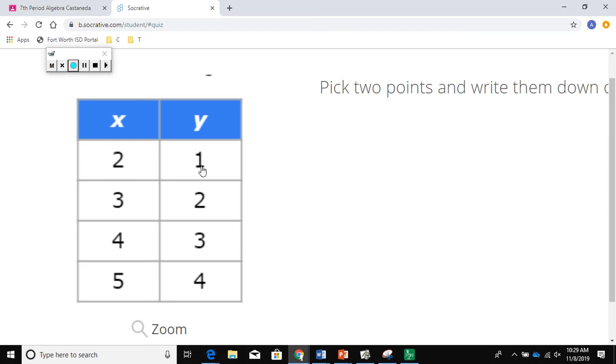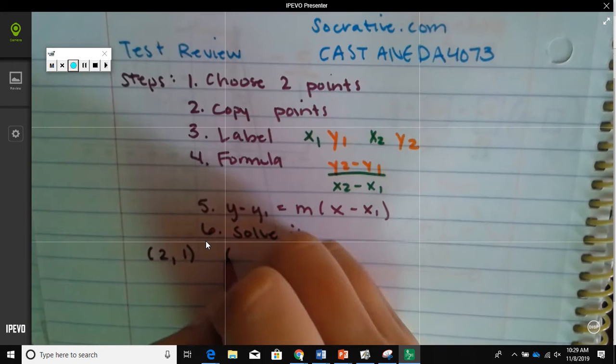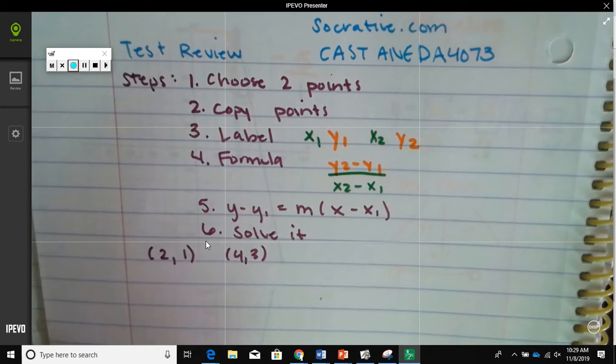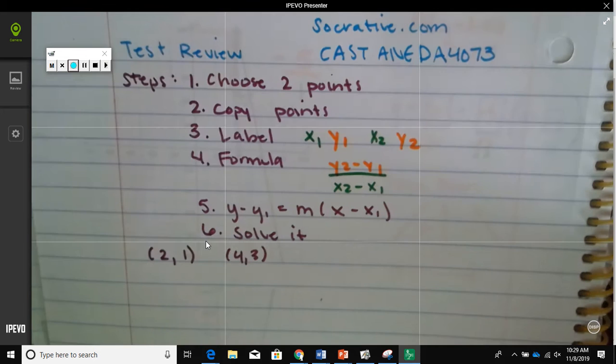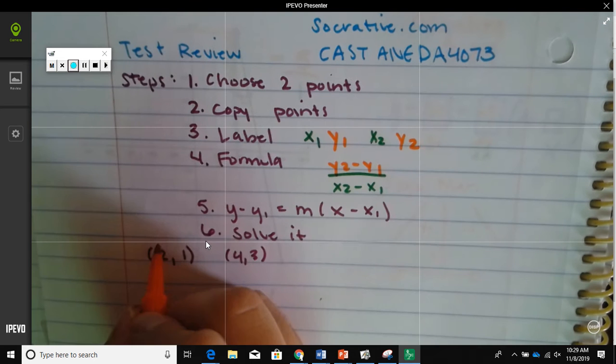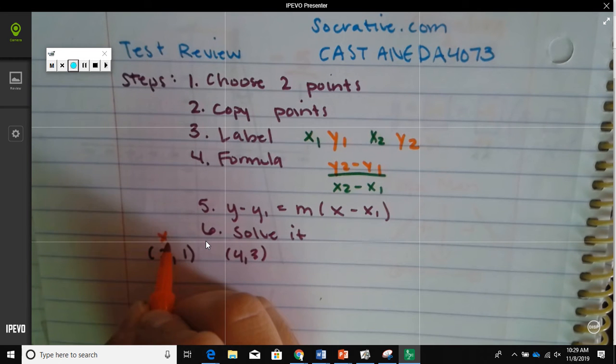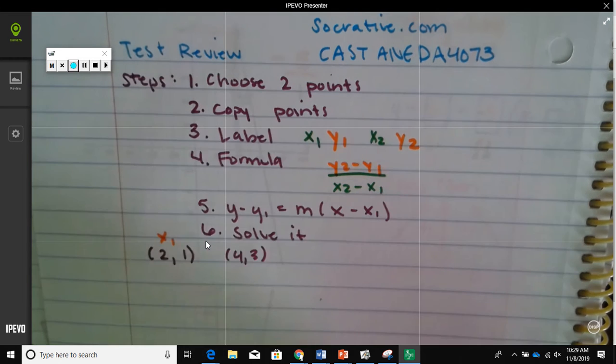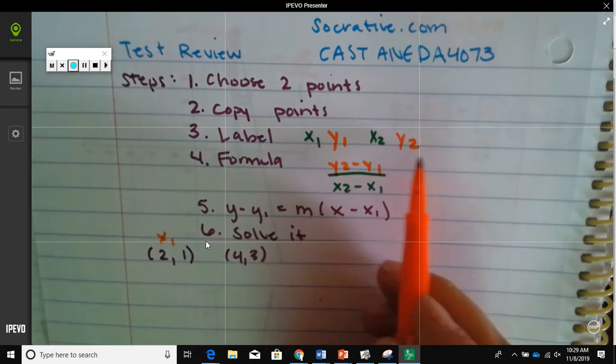Okay? AB, pick another point for me, a different point. 4, comma, 3. It has to have an X and it has to have a Y. So then I label, and then I put what over here? X1, because the labeling looks like this.